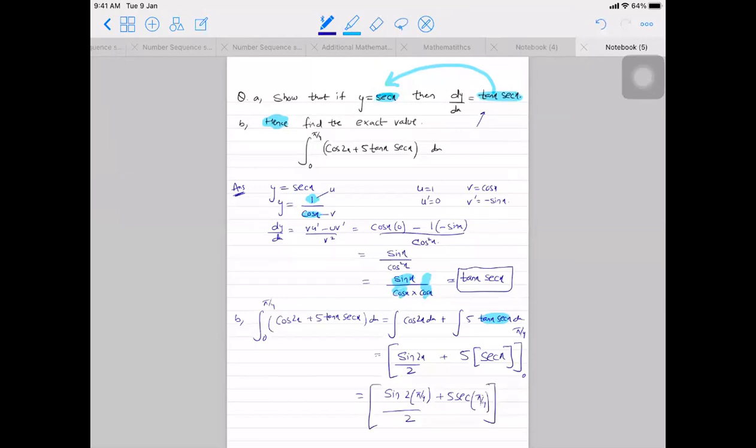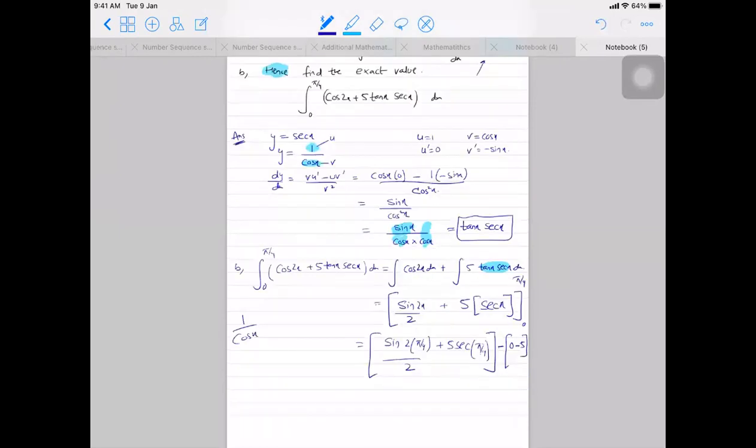When I plug in 0, I know I'm going to get 0 for the first. And when I plug in 0 in secant x, secant x is 1 over cos x. So 1 over cos of 0 is 1. So 1 upon 1 is 1, or 1 times 5 is 5. So minus 5. Is that correct? Yes, sir.